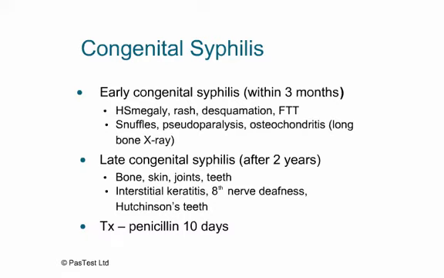These children are very frequently snuffly and can have hepatosplenomegaly and lymphadenopathy. They also frequently have rashes that can be highly varied but frequently desquamate. These children have difficulty thriving, can have neurological phenomena, and classically get an osteochondritis.